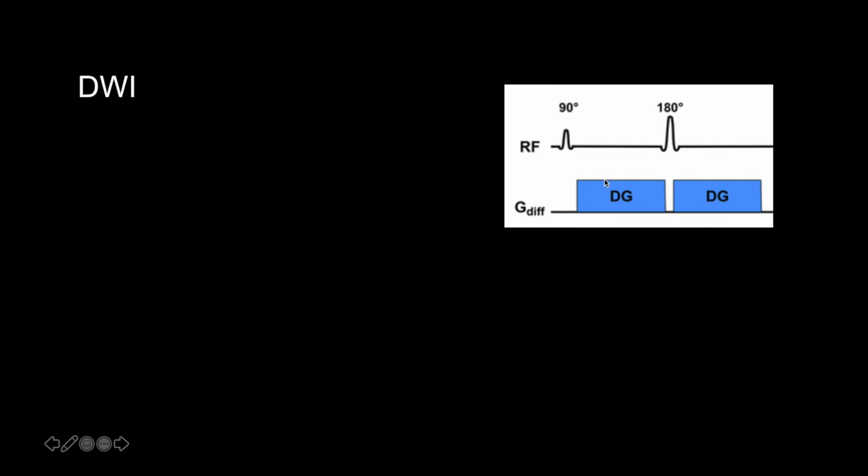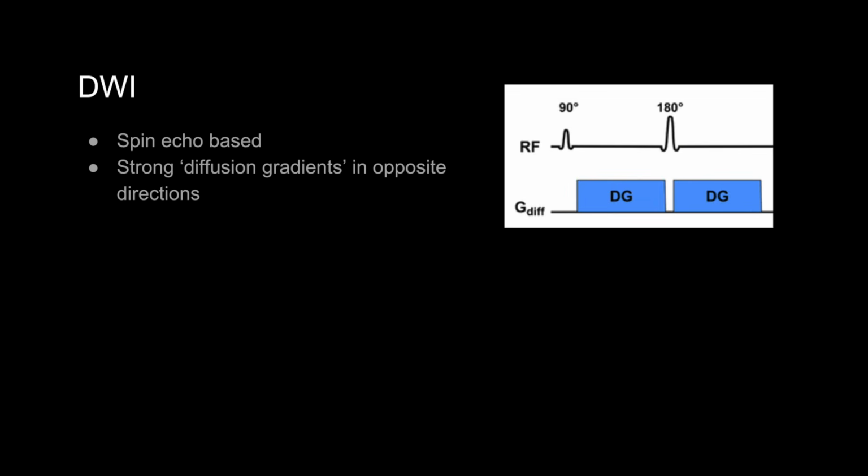But first, why do we apply these super strong gradients, and why does this produce images that are diffusion-weighted? If we apply a 90-degree RF pulse, the nuclei start to precess in phase in the XY plane, as we've mentioned before.